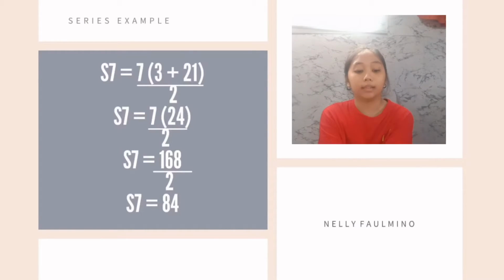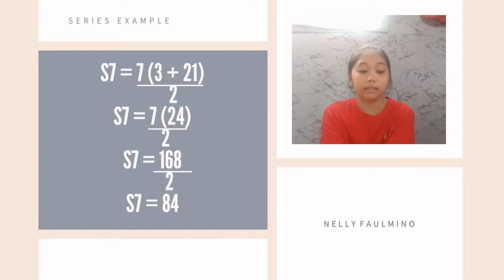We will multiply the 24 by 7, and the answer will be 168. S sub 7 equals 168 divided by 2. We will divide it and then it's the final answer. So the sum of our series is s sub 7 equals 84.